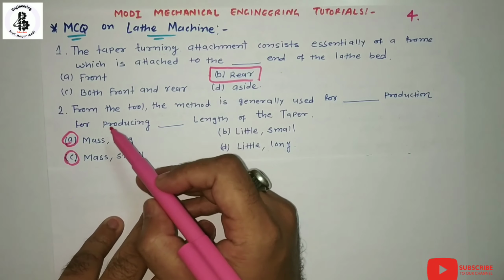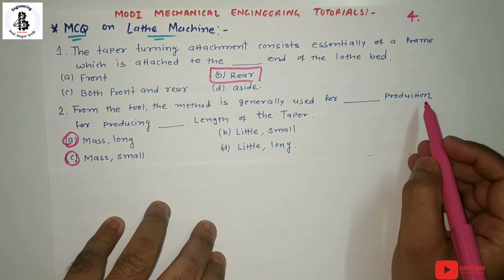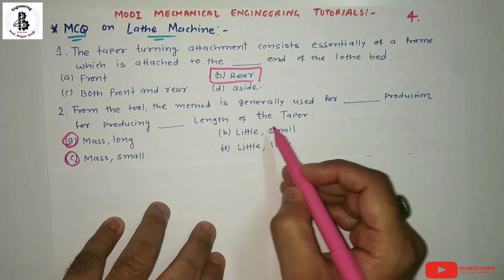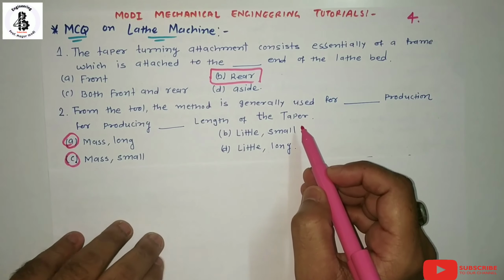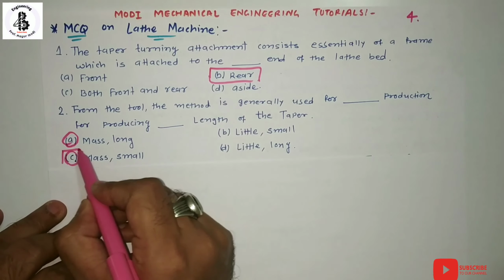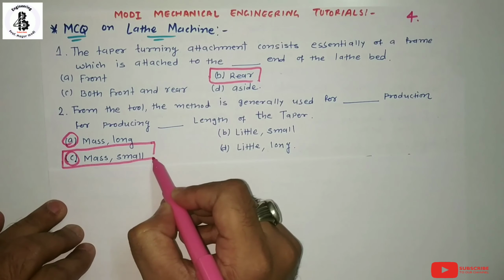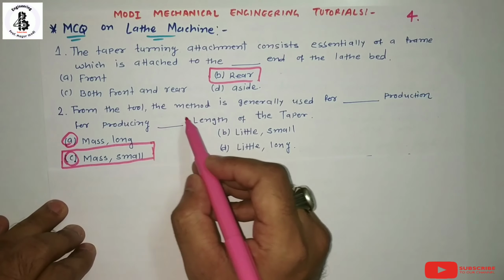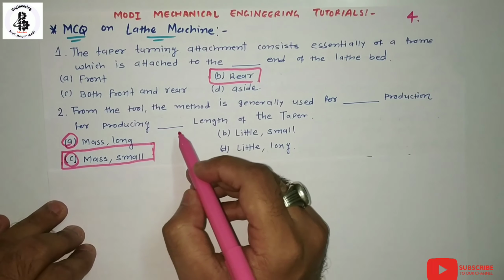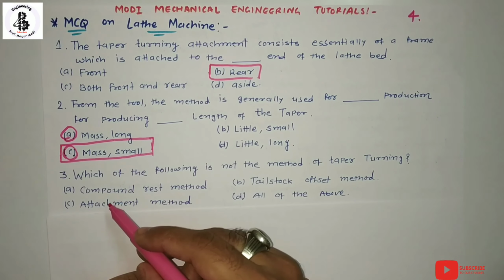According to this question, the form tool method is generally used for mass production for producing small length of tapers. So the right answer is C, mass and small. Final answer: the form tool method is generally used for mass production for producing small length of tapers. Then next question.